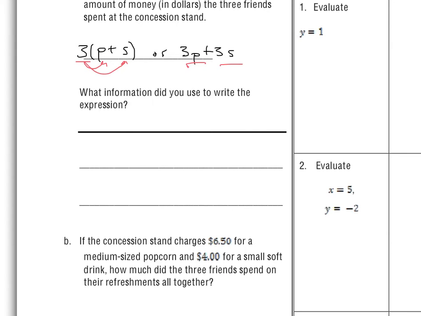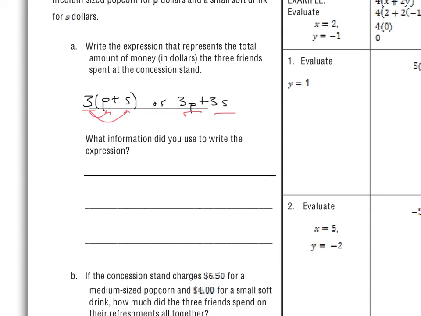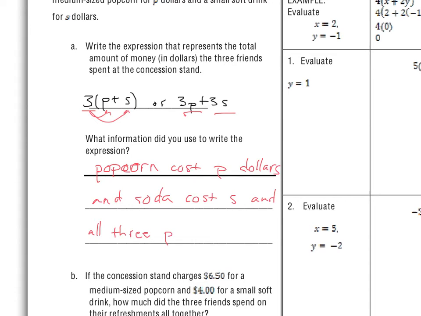So hopefully you said something along the lines of popcorn costs P dollars, and soda costs S, and all 3 people bought both.